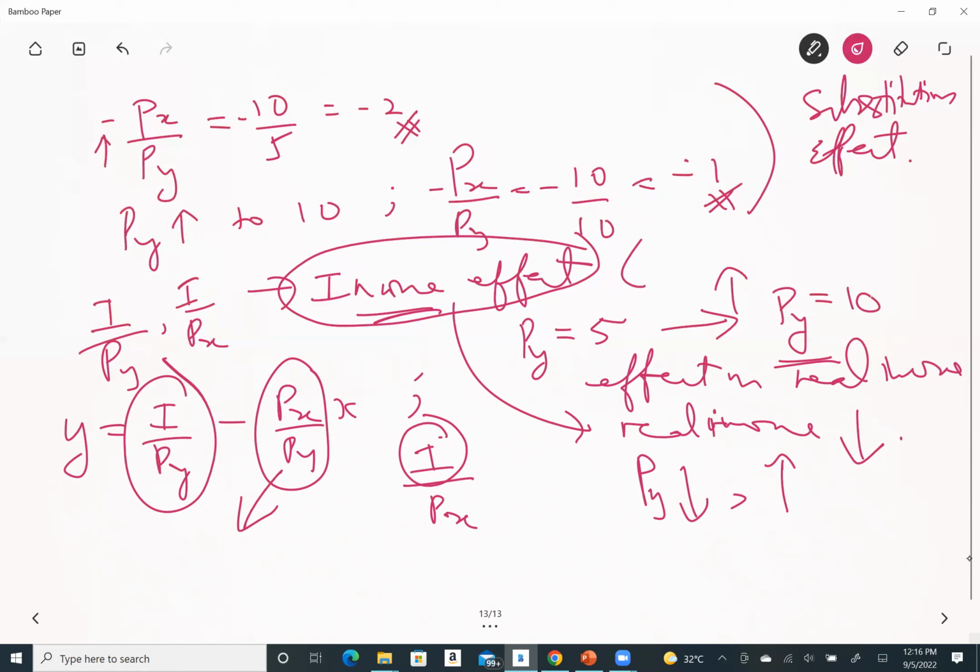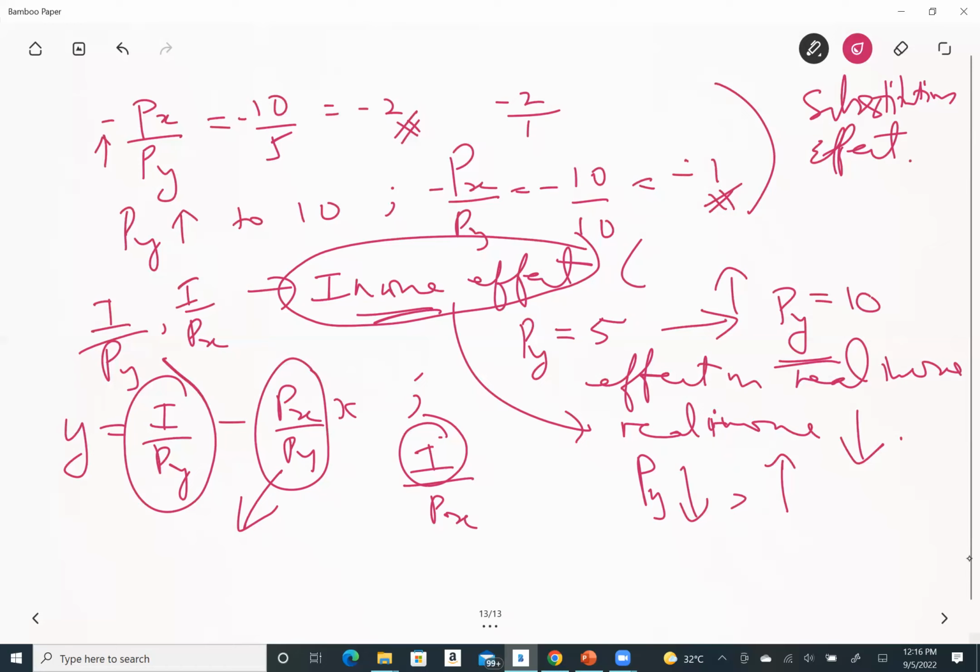The price of petrol was 10. So the price ratio was 2 over 1. That means for 1 unit of petrol, I can get 2 units of rice.